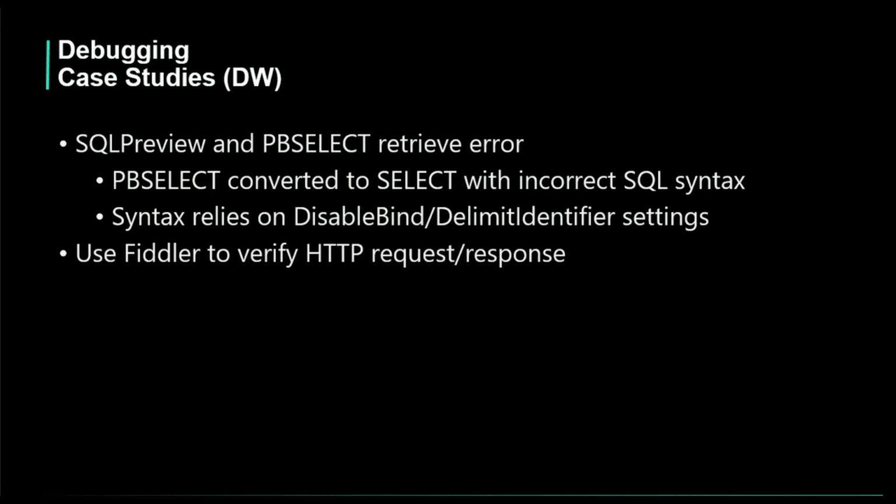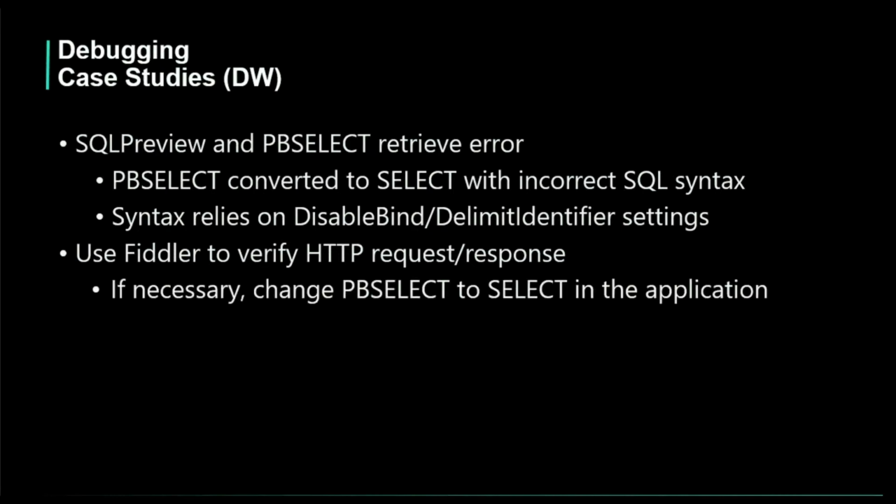A faster solution is again to use Fiddler to verify the HTTP request and response, check whether a connect has occurred and whether the connection is successful, and if necessary change pbselect to a select statement in the application source code, which is always cleaner.